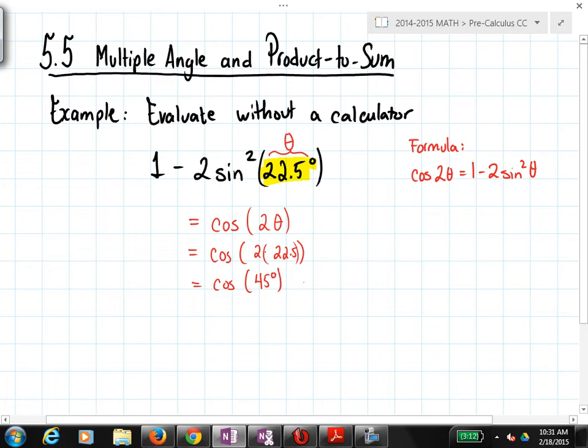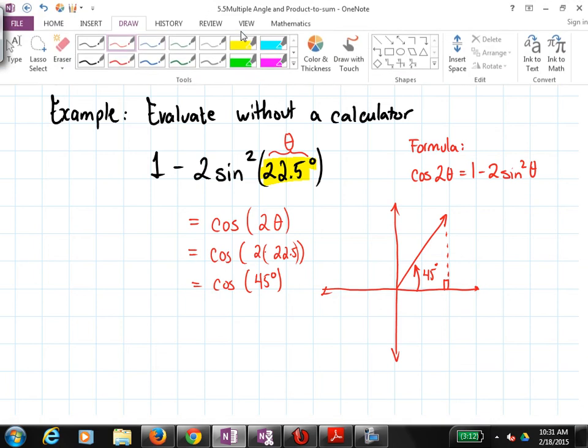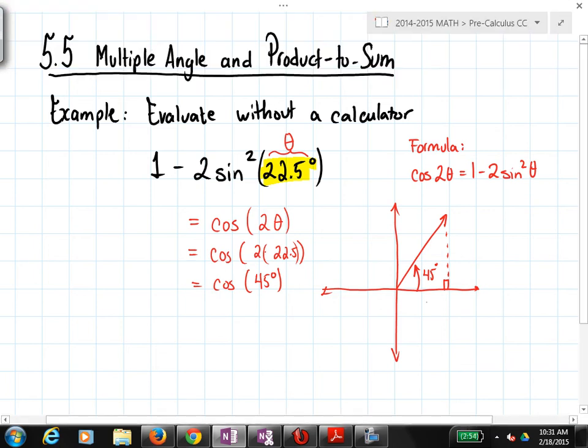And we've done this problem before. If we're doing this without a calculator, we're going to go ahead and do a quick sketch of a 45-degree angle. So starting from the positive x-axis, this is 45 degrees. Create my right triangle. Label the 45, 45, 90 right triangle: the sides are 1, 1, and the square root of 2.